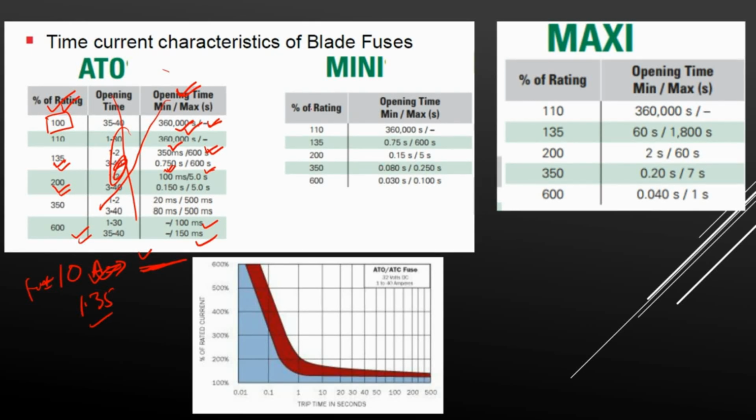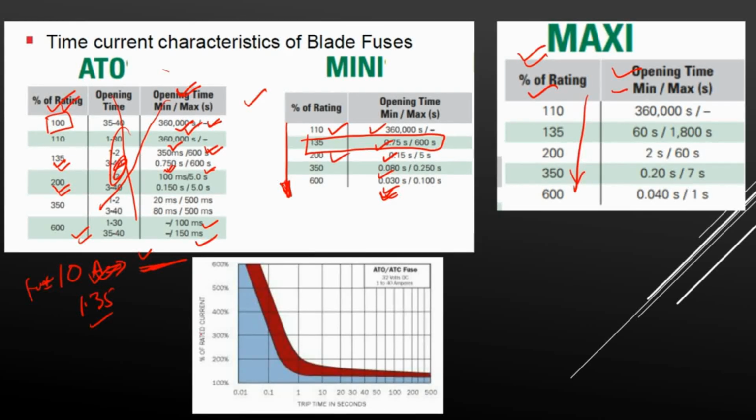So these are for the ATO fuse, these are for the mini fuse, you can see here. So generally we take this one, okay, 135%, 0.15, 0.080 second. And if you see, as the current is increasing, percentage of rating, then this blow time is reducing, okay. The percentage of rating for the maxi fuse also, the opening time, and this is the rating.